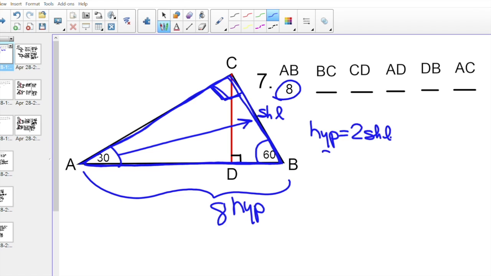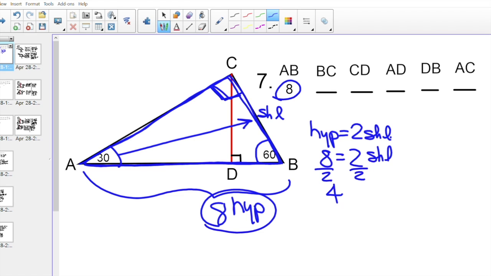Well, the hypotenuse is 8. Here's the hypotenuse down there. It's 8. So you divide by 2, and the shorter leg, which in this particular problem is BC, is equal to 4.